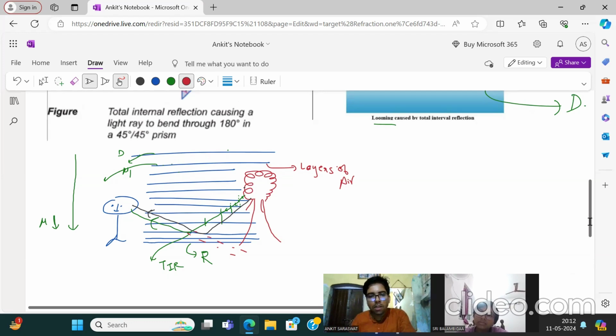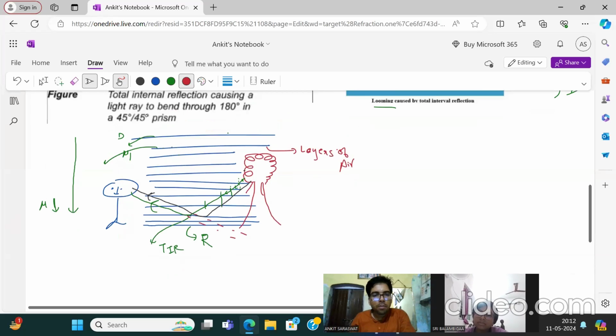I will explain. In case of mirage, just see this very, very carefully. These are the layers of air. On increasing the temperature, the medium becomes less dense, and mu decreases.